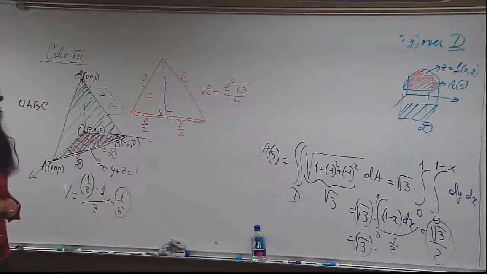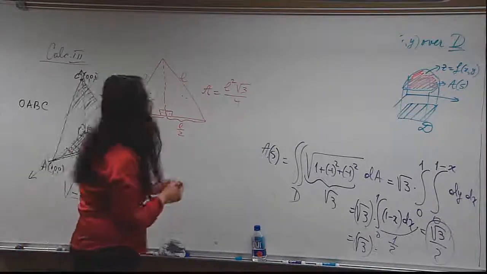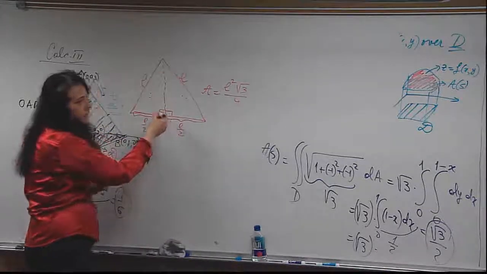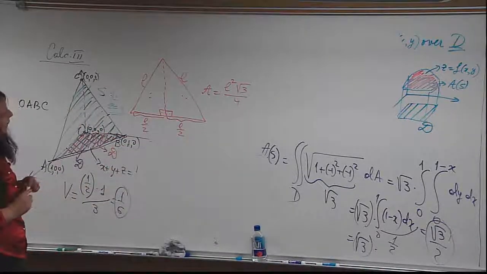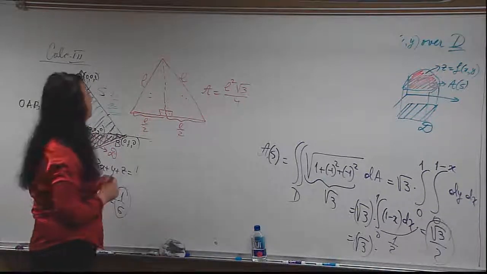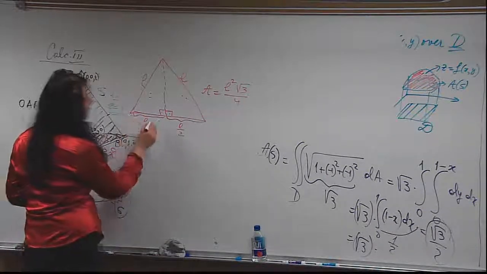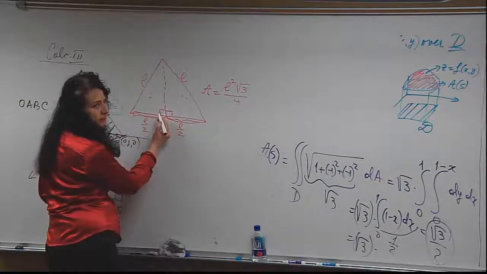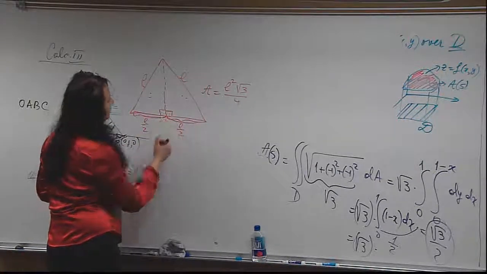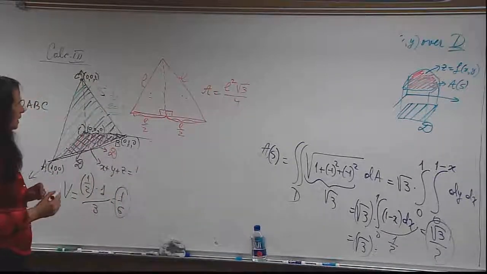Okay? So if you draw just the perpendicular, you can prove it using some congruence of triangles, that what you get here is also the median. So it's going to hit right in the middle of the opposite side. So you get L over 2, L over 2. Okay, that's what I wanted to say.